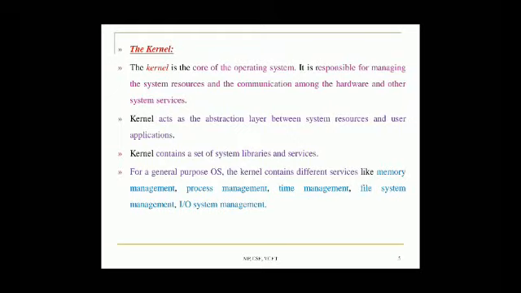In our previous block diagram we saw that it acts as a bridge between these two. So when we say the operating system acts as the bridge, the core role of the operating system is taken care of by the kernel part of the operating system.